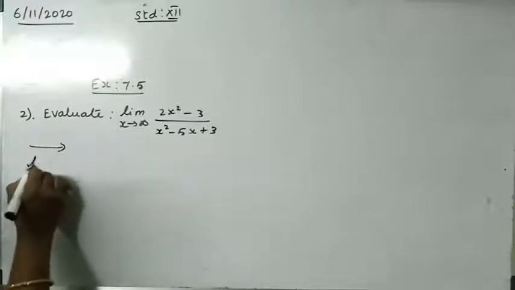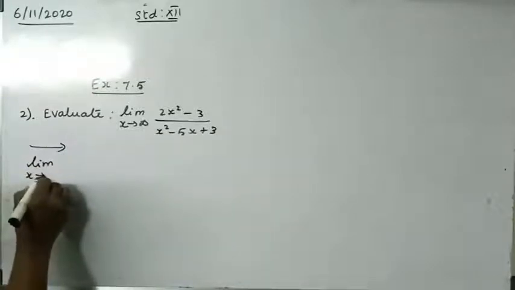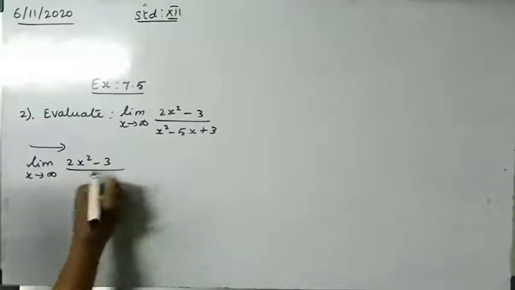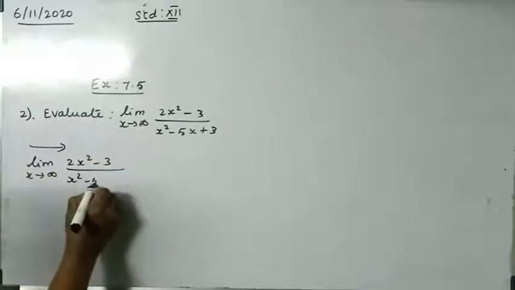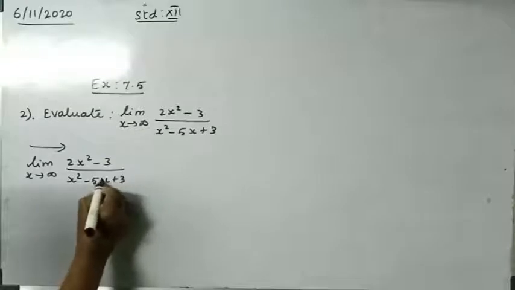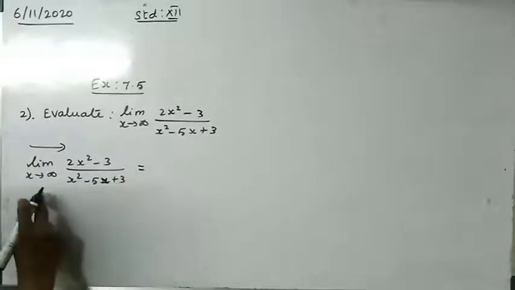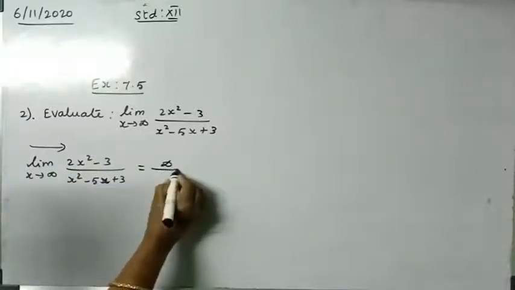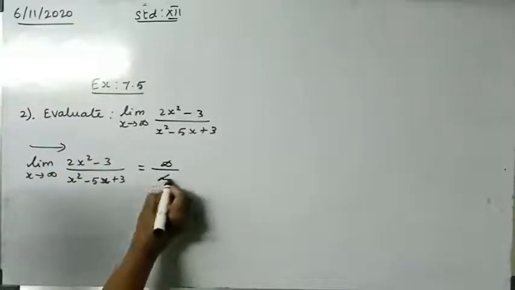Now take the question at first. Limit x tends to infinity 2x square minus 3 divided by x square minus 5x plus 3 is equal to, apply the limit. So infinity minus anything is infinity, and the denominator is a polynomial, so infinity.